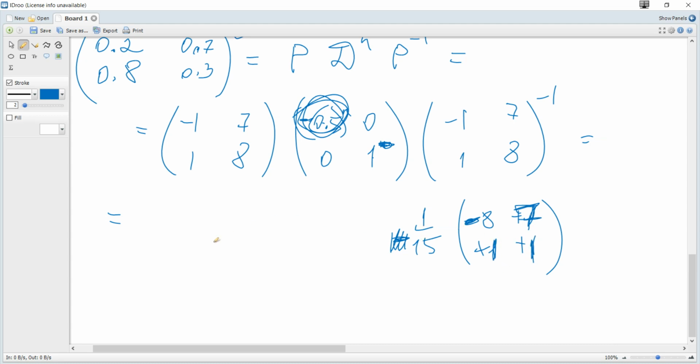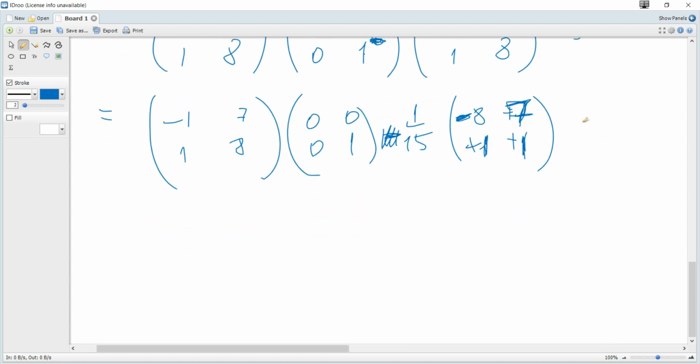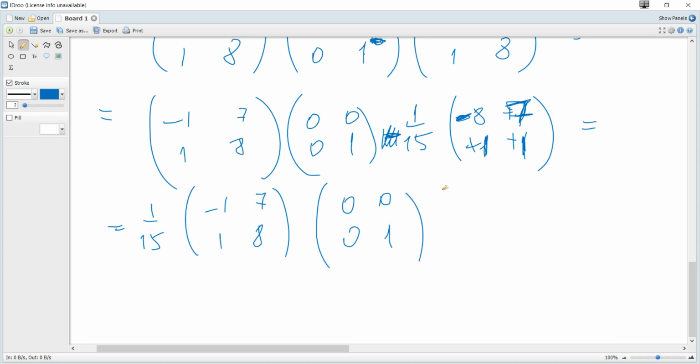It's a constant we can write in front, and we should multiply these matrices. So 1 over 15, negative 1, 1, 7, 8, and let's multiply 0, 0, 0, 1 by negative 8, 1, 7, 1.